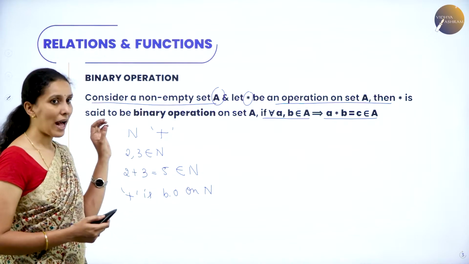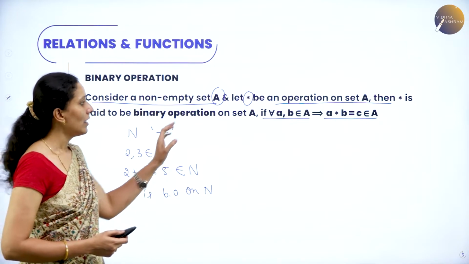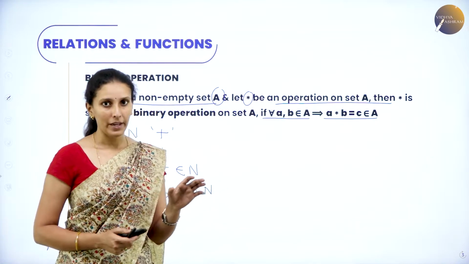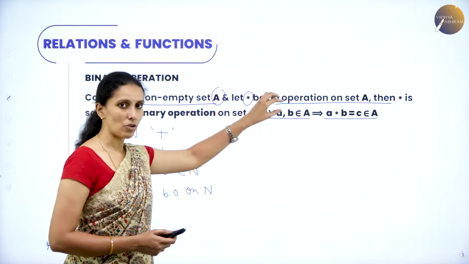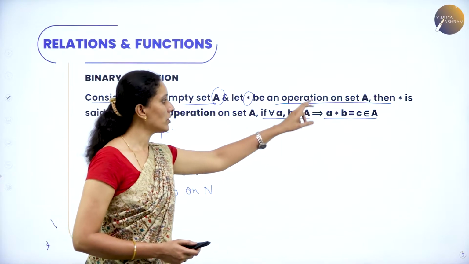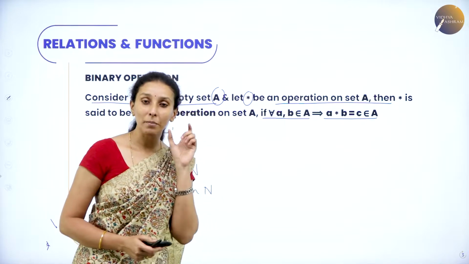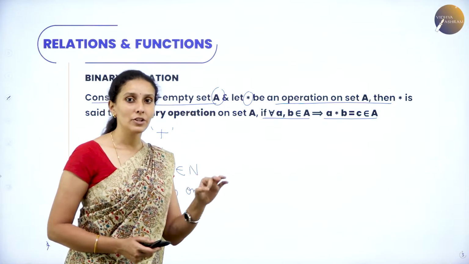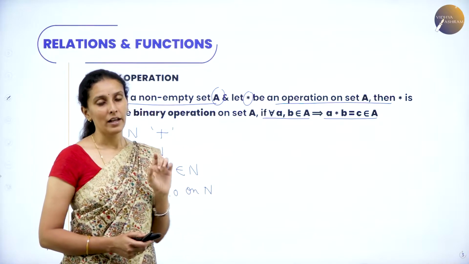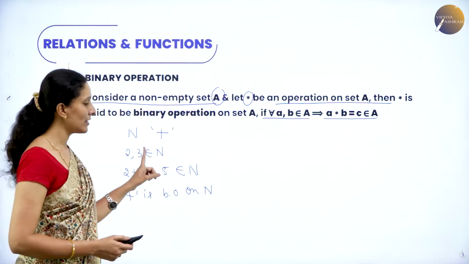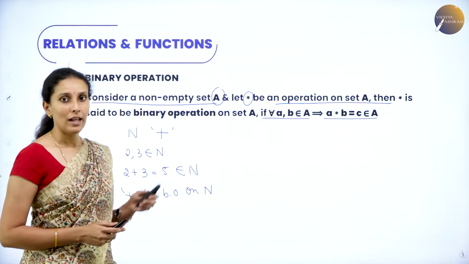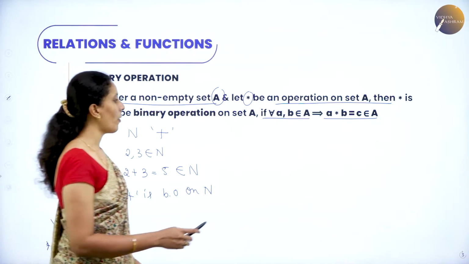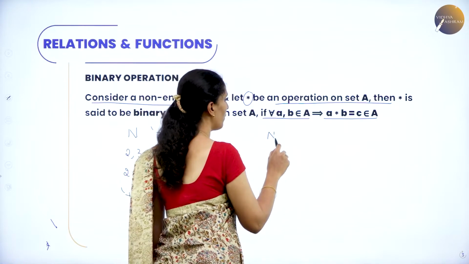So this is how we define a binary operation. Whenever you have any set A and star is any operation on the elements of the set A, suppose you get A star B is equal to some C, then C should belong to the given set. Then only we say that it is a binary operation. Let me check the binary operation minus on the set of natural numbers.